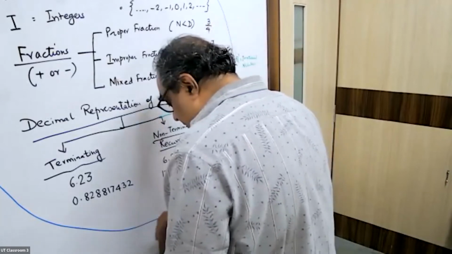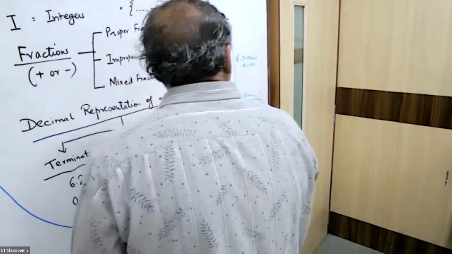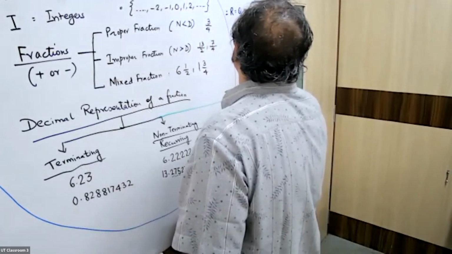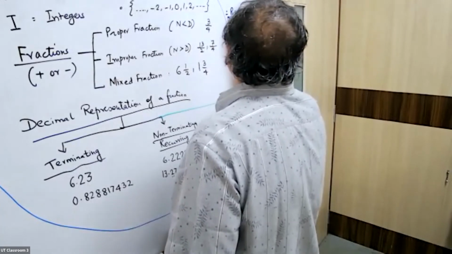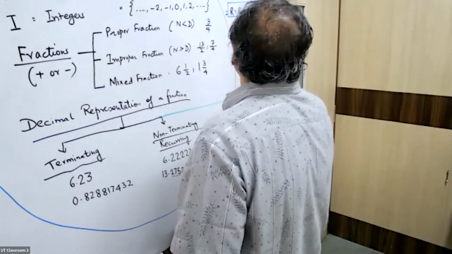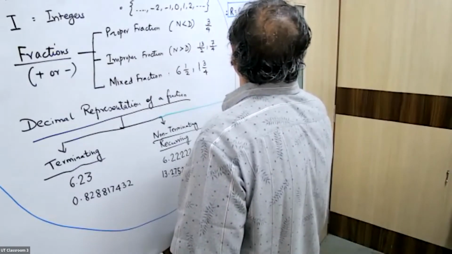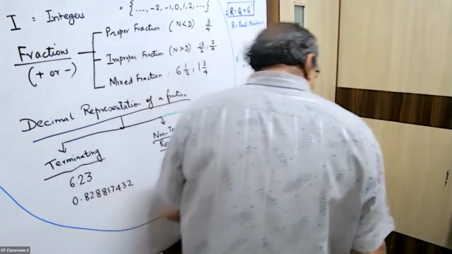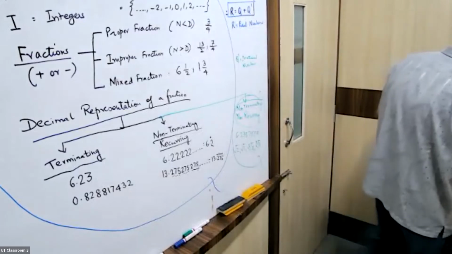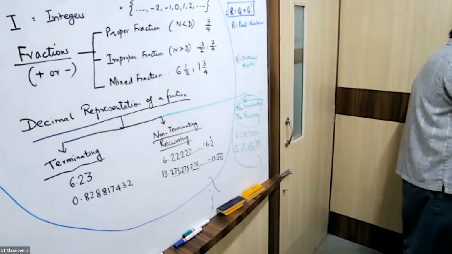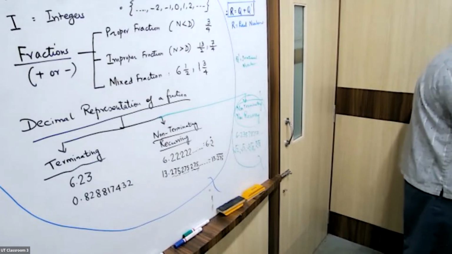Is this clear? And together they are denoted as real numbers. That means real numbers is rational numbers and irrational numbers. Some real numbers are rational, some real numbers are irrational. No rational number is irrational. No irrational number can be rational.